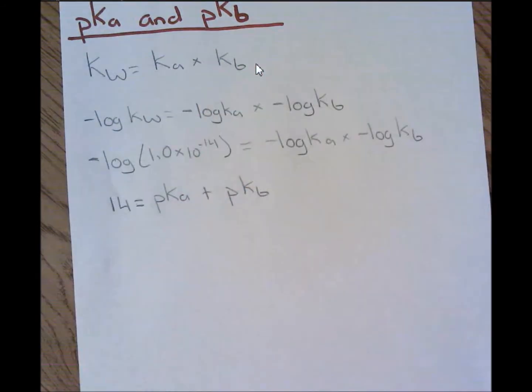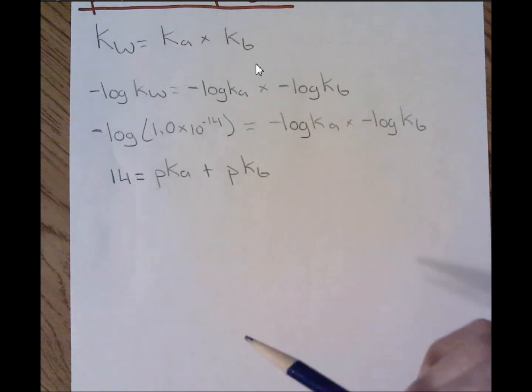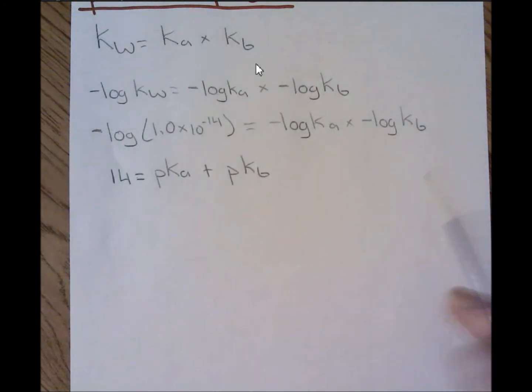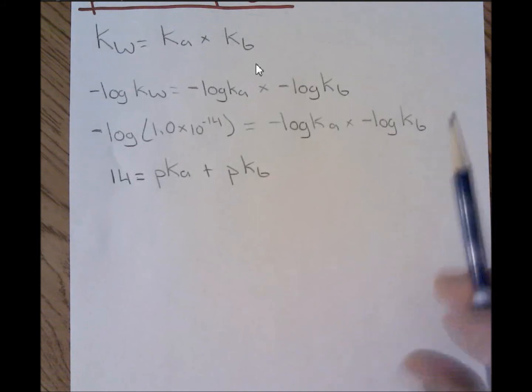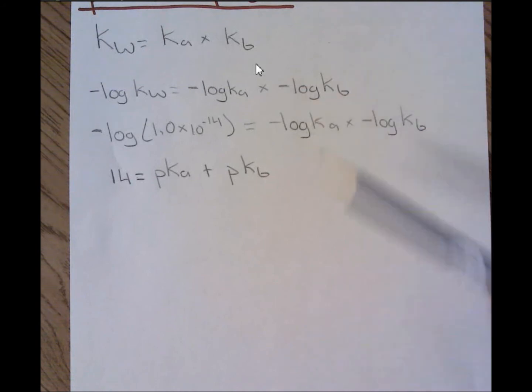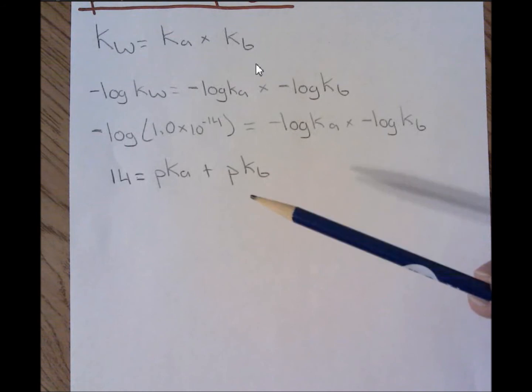Now, why is this useful? Why is this helpful? Well, number one, it puts us in a little bit different scale, a little bit more reasonable numbers. And then we can do a couple of things with our values here. A couple of statements.